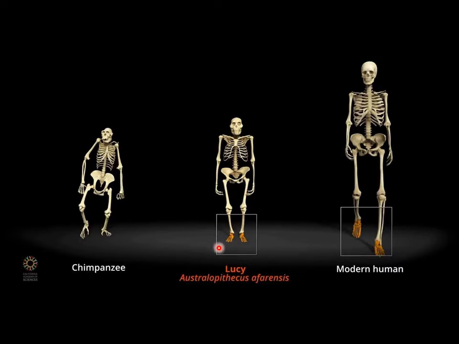Now the feet are a little bit different. The chimpanzee has opposable thumbs in the feet. We only have opposable thumbs in our hands. And here you can see we have different types of feet, which enables us to become bigger and walk more upright.